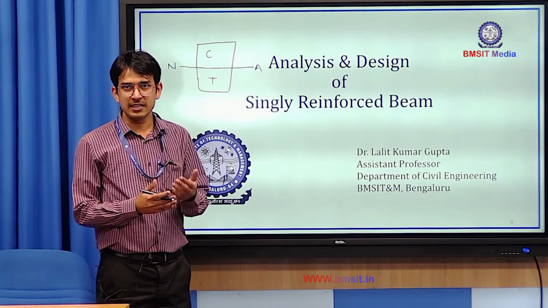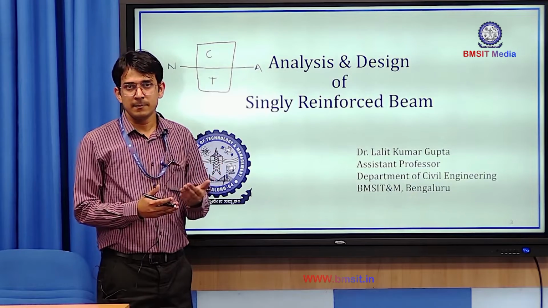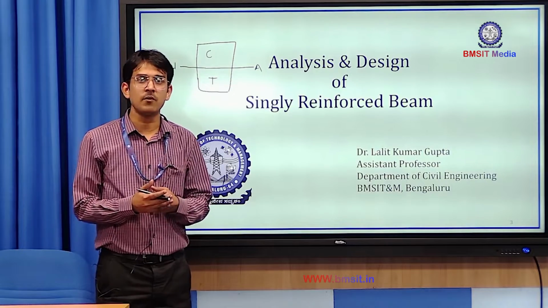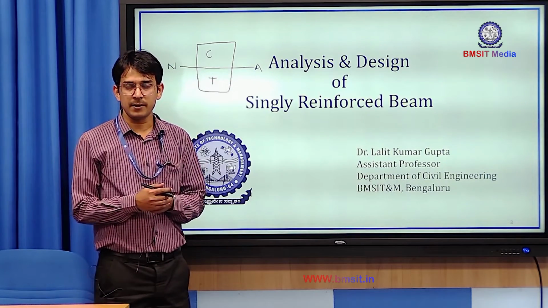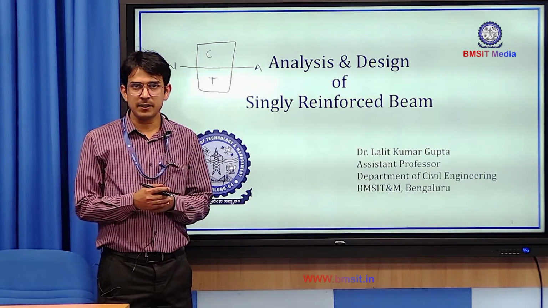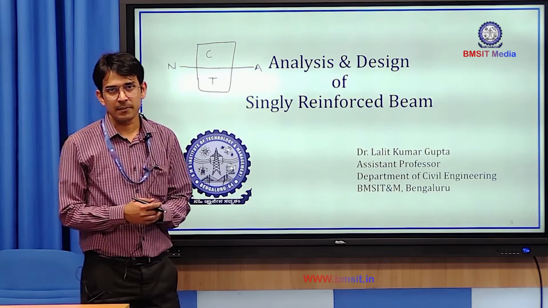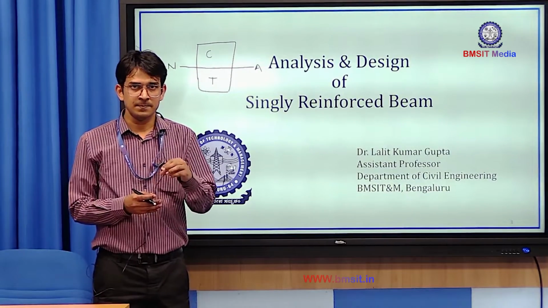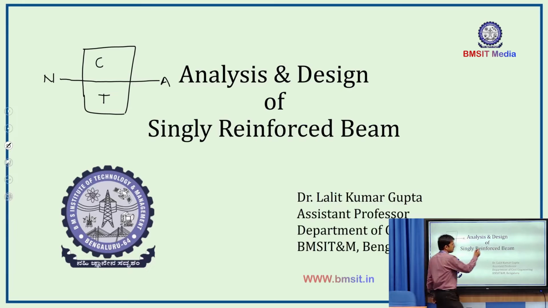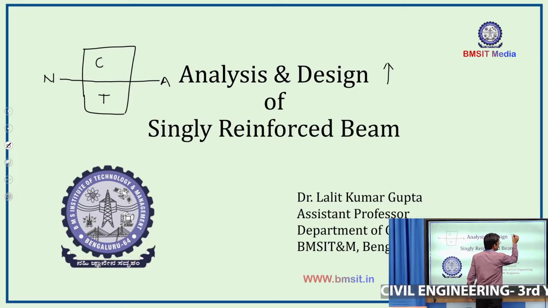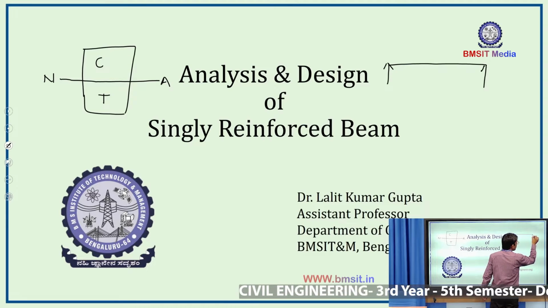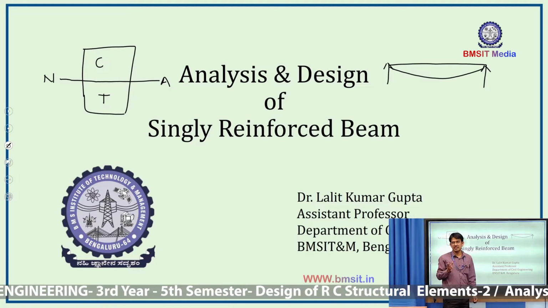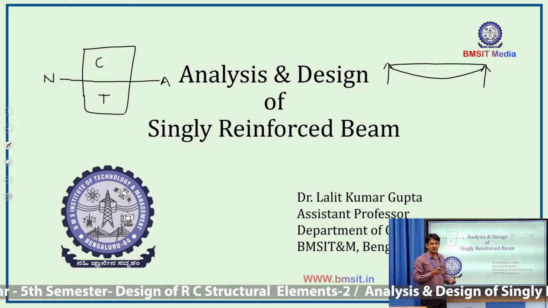How do we define whether the compression zone is above or below the neutral axis? That depends on what type of beam it is. If it is a simply supported beam and it bends like this, the topmost surface is in compression and the bottom portion of the beam is in tension.